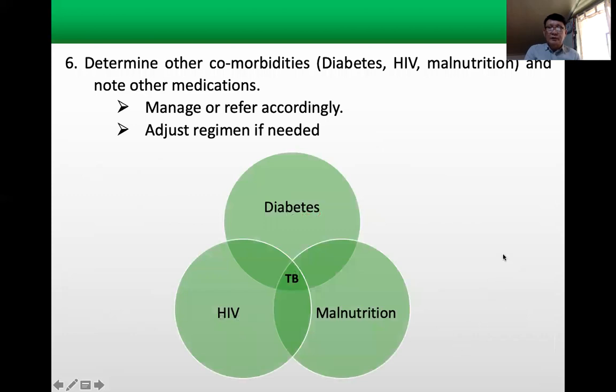Okay, another group, determine other comorbidities such as diabetes, HIV, malnutrition, and other medication. We have to manage or refer accordingly. Okay, then you adjust the regimen if needed.